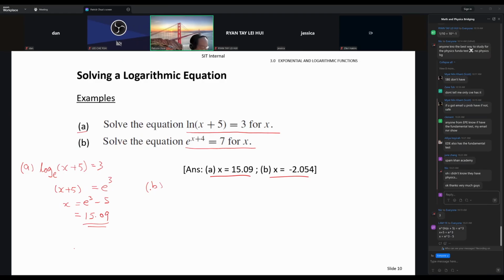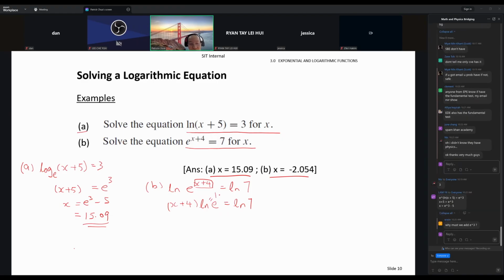You can take the natural logarithm of both sides: ln of e to the power of x + 4 equals ln 7. Now you can bring the x + 4 to the front of the ln, so (x + 4) ln e equals ln 7.